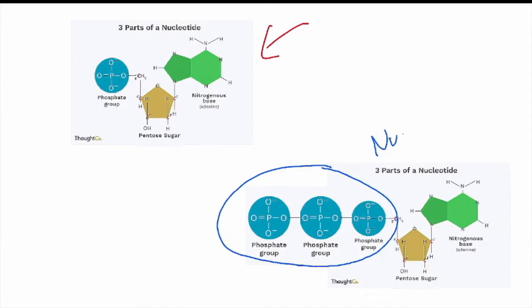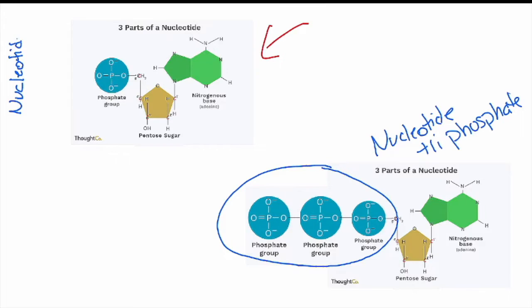So this is a nucleotide triphosphate. And this nucleotide that's part of DNA is a nucleotide monophosphate. Both are nucleotides, but do they have 1 phosphate, or do they have 3 phosphates?